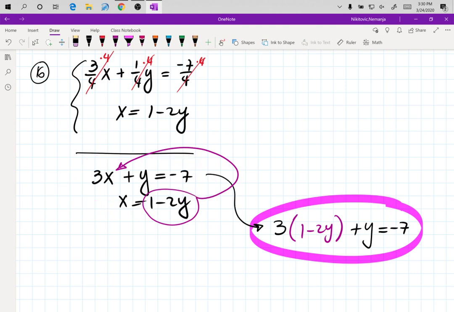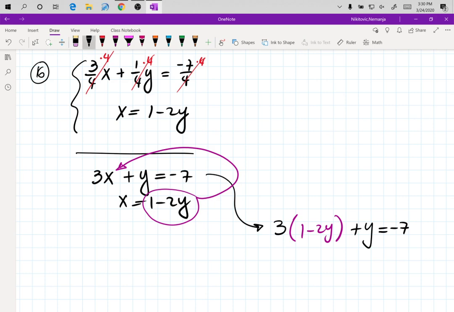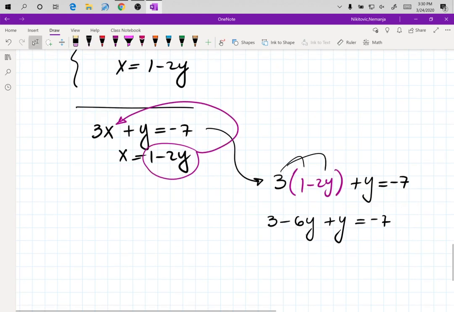So you are going to solve this now. We distribute, right? We get 3 minus 6y plus y equals negative 7. And now we're going to have 3 minus 5y equals negative 7 because we combine negative 6 plus 1.